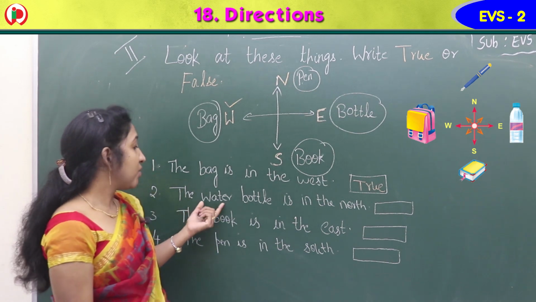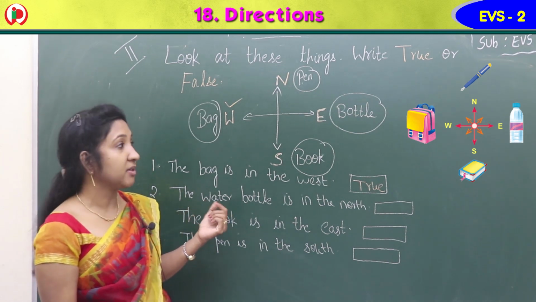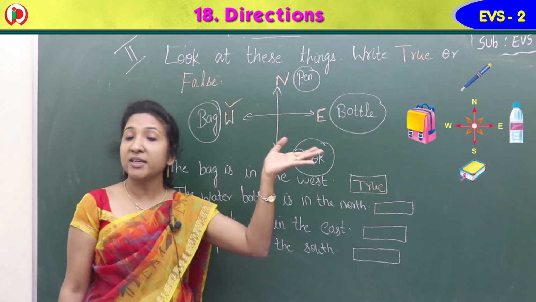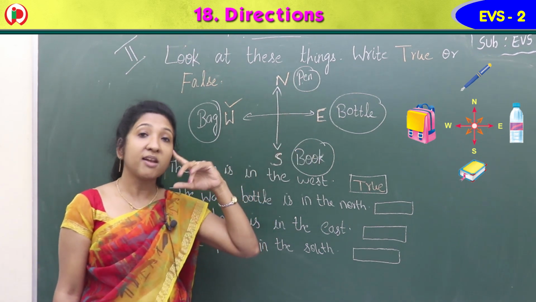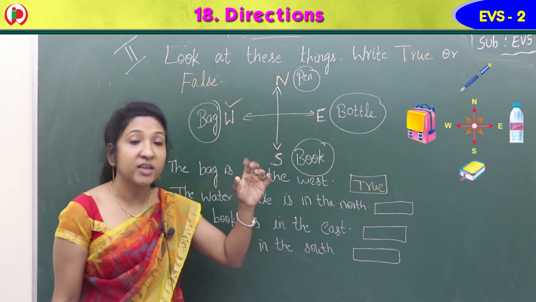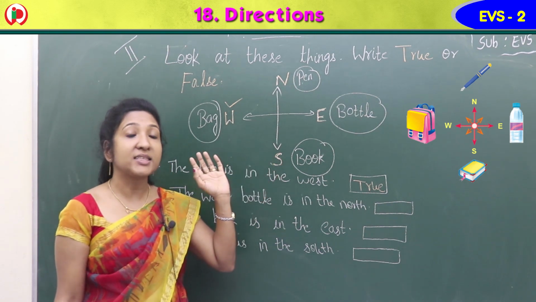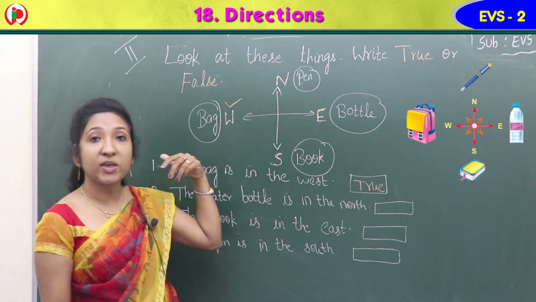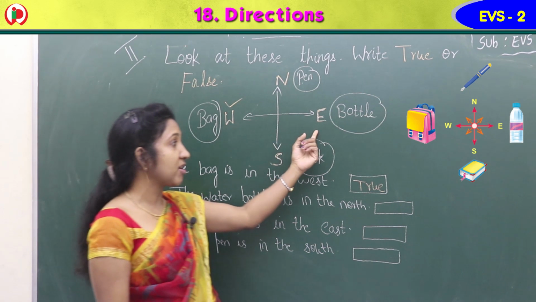Now second, the water bottle is in the north. So in this image given, where is the water bottle? Check it. Children, where is the water bottle? They have shown in which direction. You can see the water bottle here. Yes, water bottle you can see in the east direction.